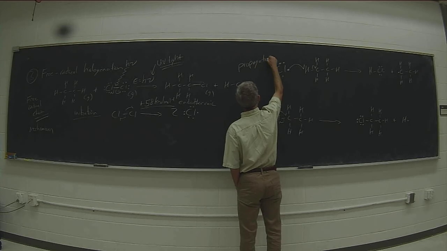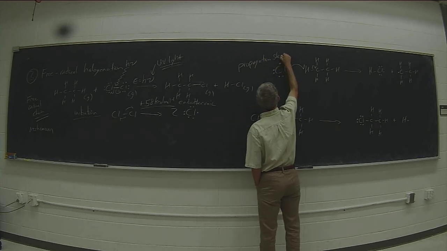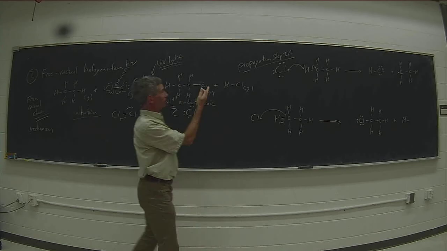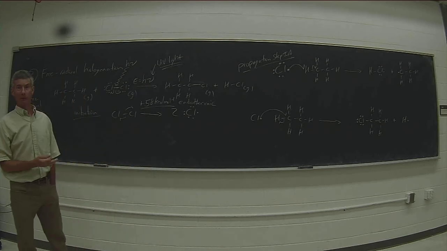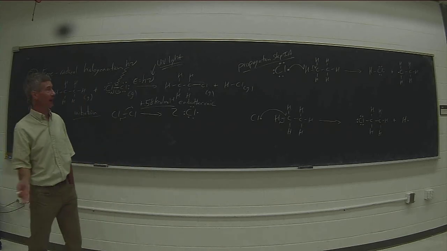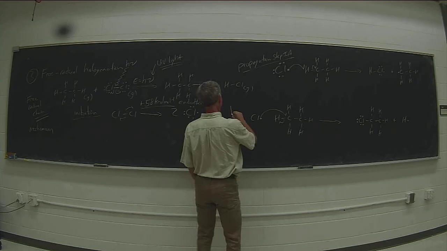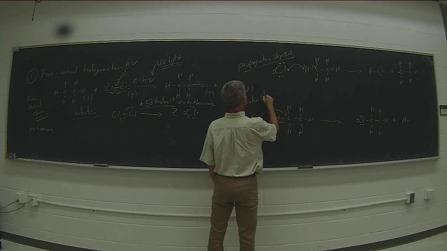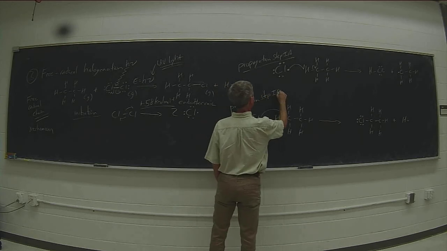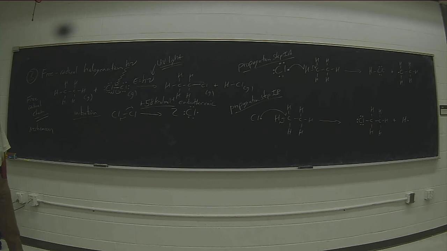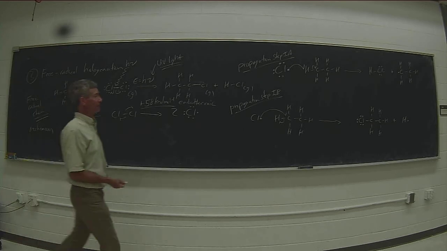They're both propagation steps, in that they both produce a new radical. So no radicals are removed from the system. Right? There's a new radical that can continue reacting in this form. We look at propagation step 1A, forming HCl, and propagation step 1B, forming CH3CH2Cl.